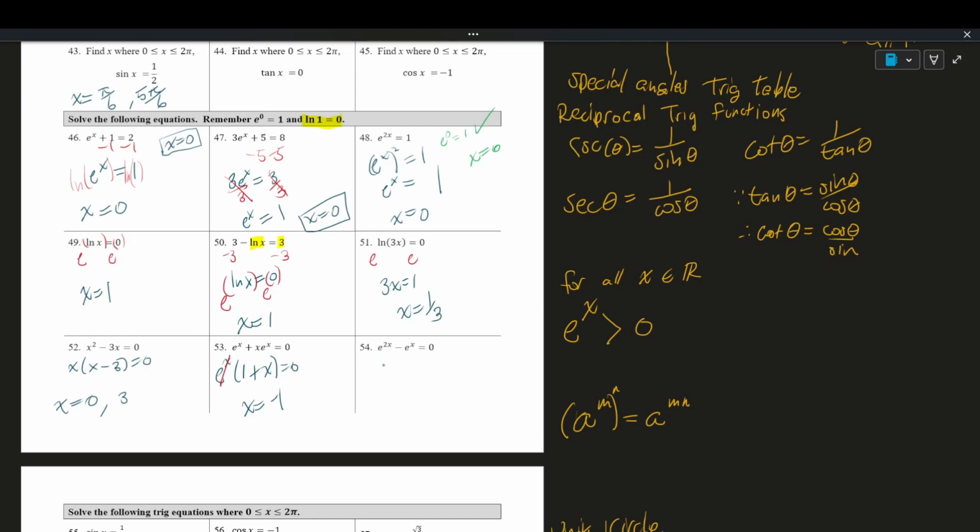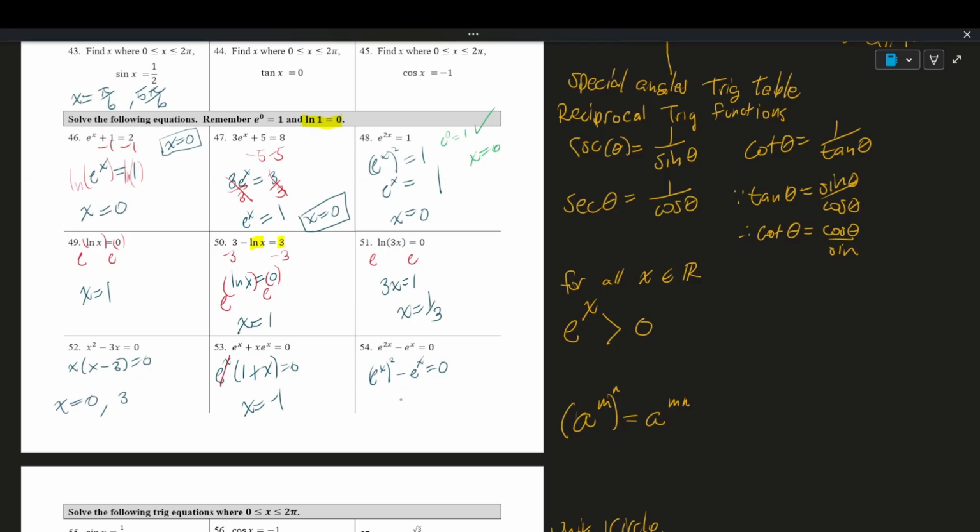E to the 2x. Again, we're going to exploit what we did in question number 48. The rule here says we have to multiply the exponents when an exponential expression is again raised to an exponent. So we'll do that again. That'll allow us to rewrite e to the 2x as e to the x squared minus e to the x equals 0.